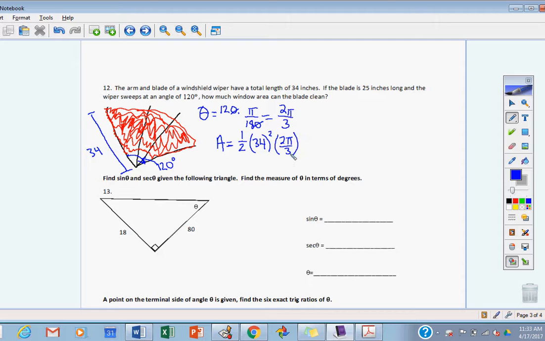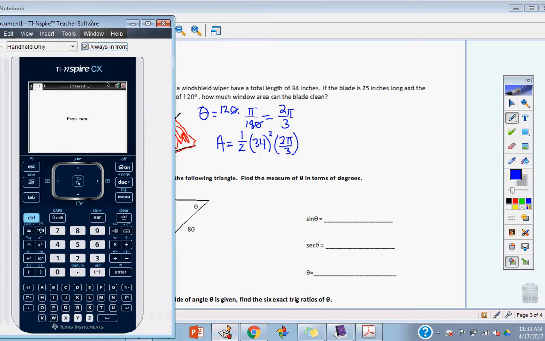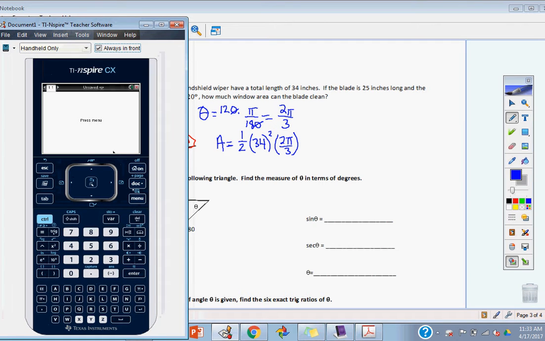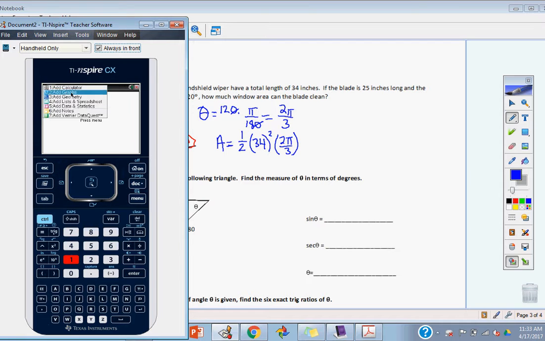So here's the deal. I'm going to keep this in terms of pi for the moment, and I'm going to show you on the calculator. To do this, we type in 34 squared. Get that number, unless you know how to do that in your head. It's 1156. Then I'm going to multiply by 2, because that's also in the numerator. Hit enter.